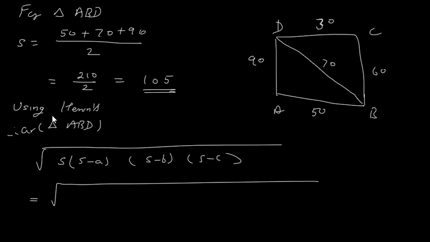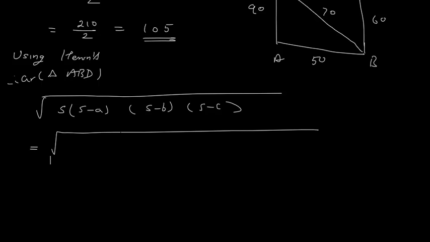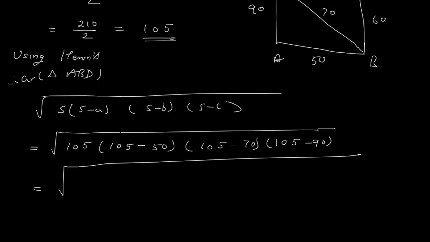The value of S is 105 into 105 minus 50, 105 minus 70, 105 minus 90, which is equal to 105 into 55 into 35 into 15.